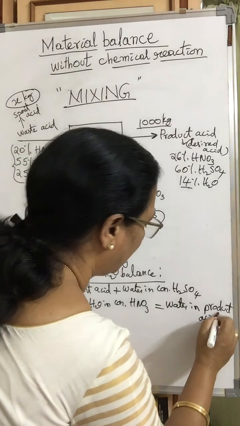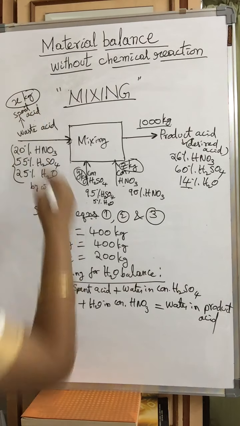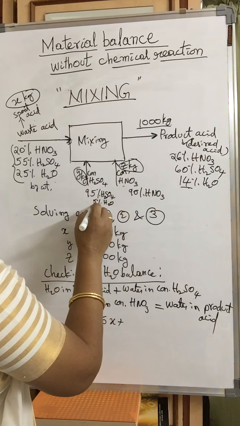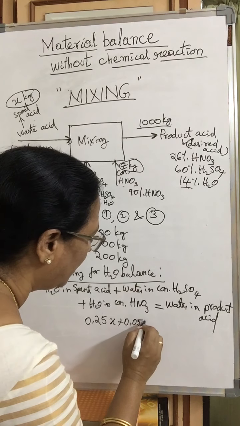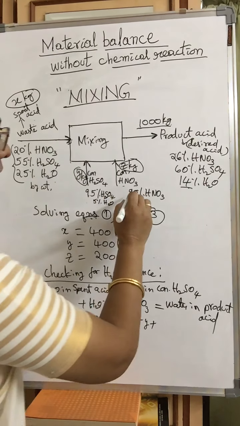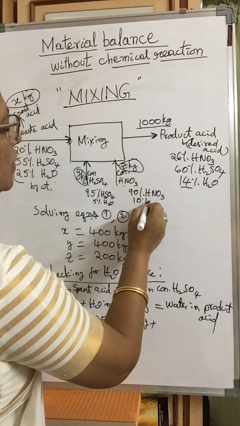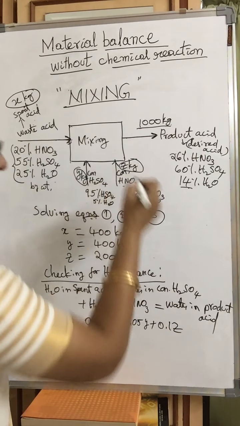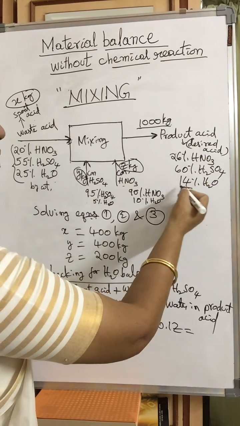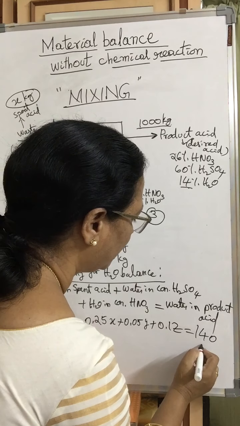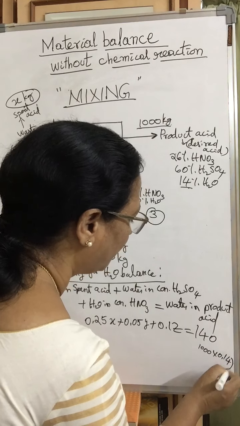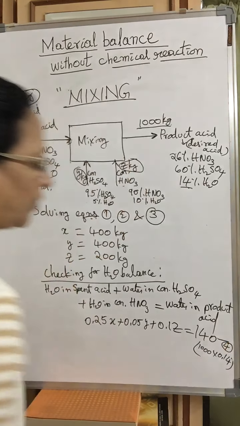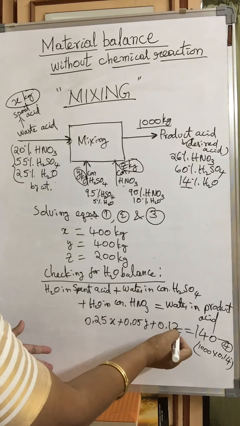Water in spent acid, 25% of X, that is 0.25x, plus water in concentrated H2SO4, 5%, that is 0.05y, plus here 90% is HNO3, so the remaining 10% is water, 0.1z, is equal to 1000 into 0.14, that is 140. Let it be equation 4.